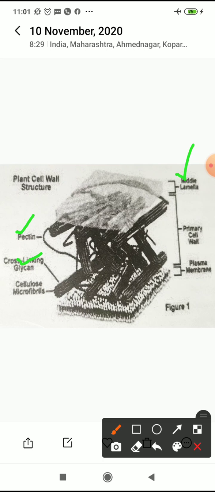Middle lamella is positioned in such a manner that cells are able to communicate with one another and share their contents through special conduit. Plasmodesmata are small passages penetrate the middle lamella as well as primary and secondary cell wall and provides pathway for transporting cytoplasmic molecules from one cell to another cell.